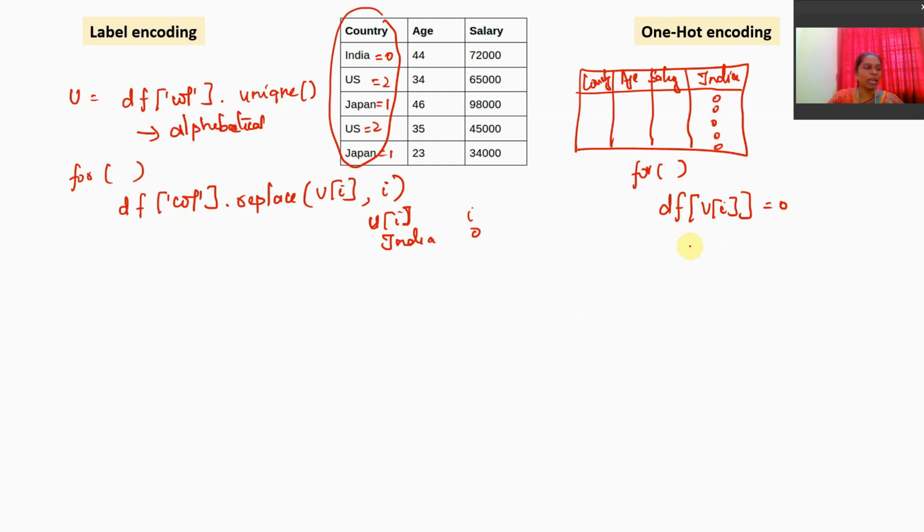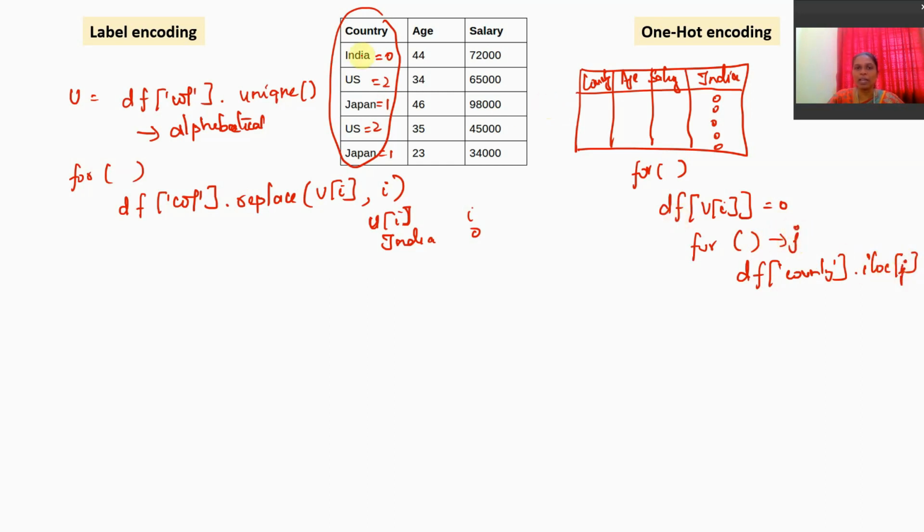So now what do we have to do? You need to use another for loop. In that, I take every country value, df of country, and I check using iloc with j.